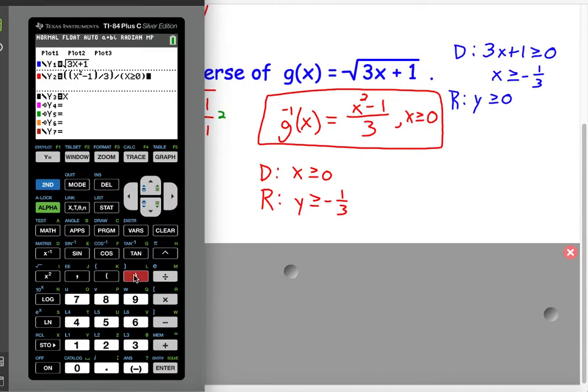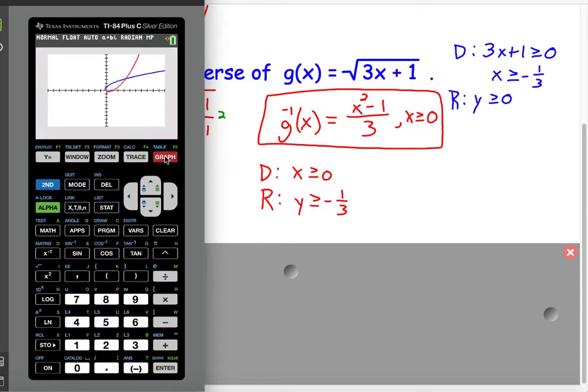So what's going to happen, without getting too deeply into this, is as long as x is greater than or equal to 0, it'll evaluate x squared minus 1 over 3. When x is not greater than or equal to 0, it's going to return a false statement, which essentially tells this to divide by 0, which is undefined. So watch what happens.